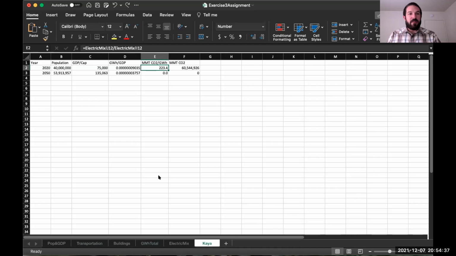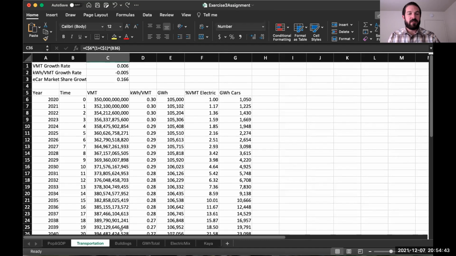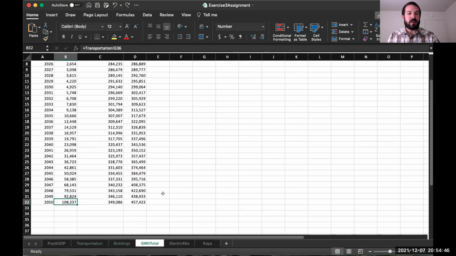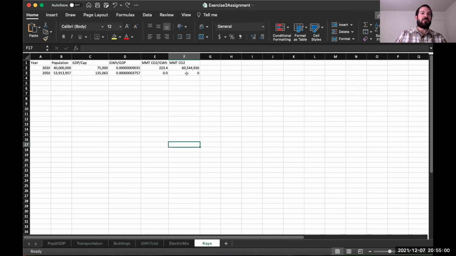But poke around in it. I think you'll find that it actually makes some sense. I think you'll find that what I'm asking, once you've poked around in it and sort of understood, is that coming up with these different scenarios actually isn't very difficult, because you already have the whole spreadsheet built for you, right?